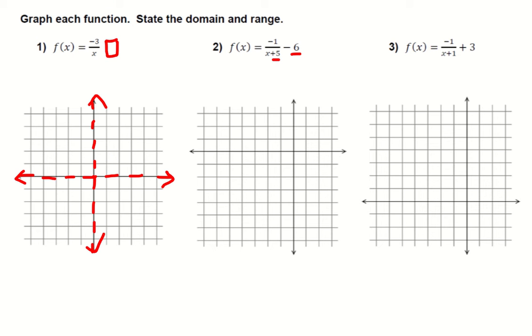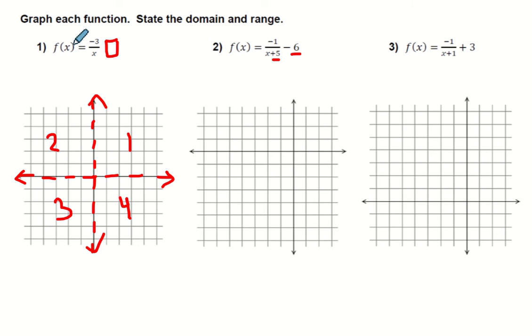And then the last thing that I'm seeing, and I wish I could, something's in the way here, is where do the curves go? So we have these sections, 1, 2, 3, and 4. When you graph it, it's either going to go in 1 and 3, or it's going to go in 2 and 4.